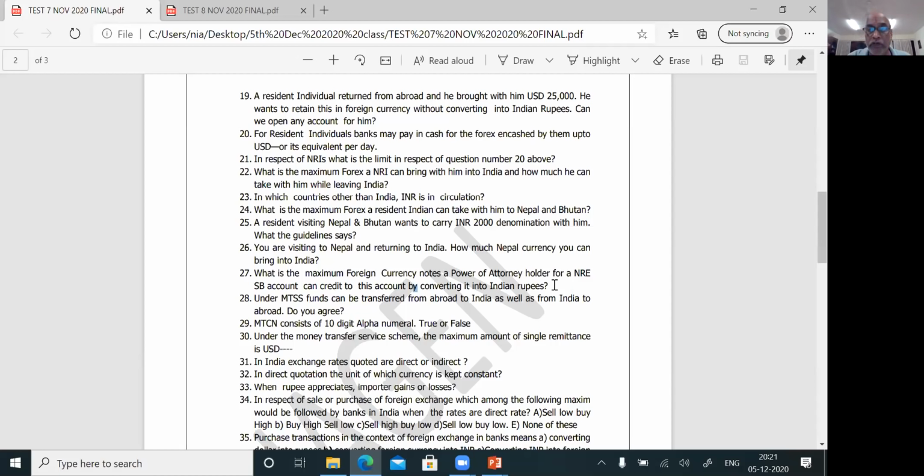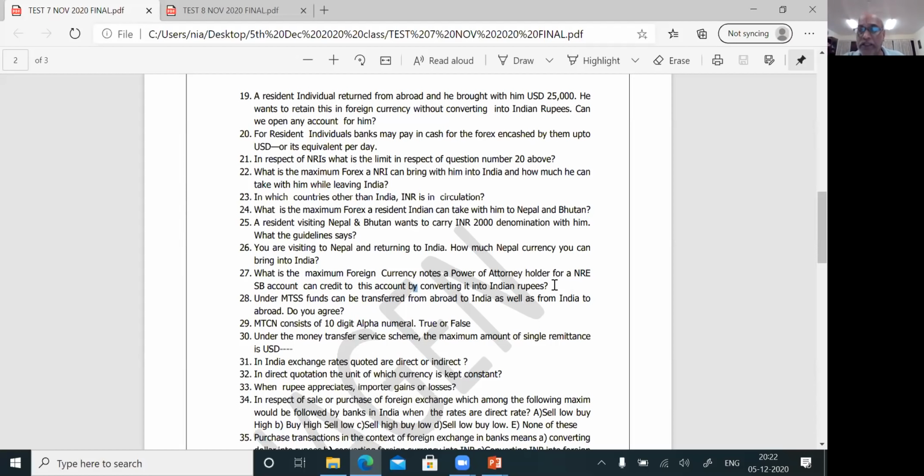NRI account, foreign currency notes can be accepted only when the NRI visits you personally. Third parties cannot credit foreign currency notes by converting into Indian rupees in any NRI account, either NRO or NRE or NRE KDR, NRE FDR, etc. Cannot be opened by converting foreign currency notes by a third party and crediting to this account.